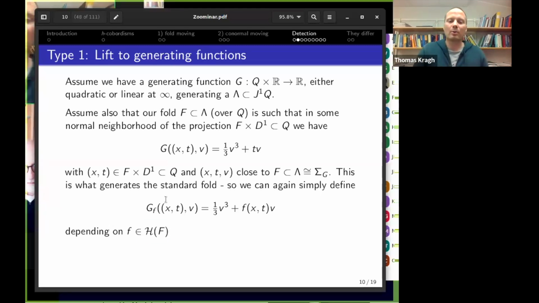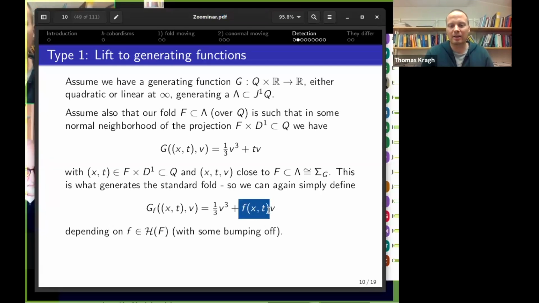So now we get a generating function where we plug in this f instead of t, and it generates exactly. Oh yeah, we have to bump off. So this f is not really nicely behaved. This v function changes away from the neighborhood. So you have to be a little careful with bumping off and shrinking and stuff like that. But it works.